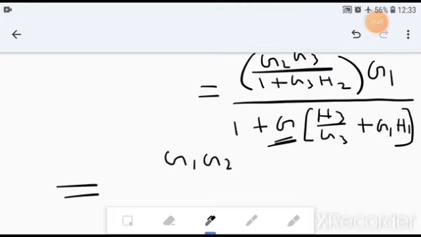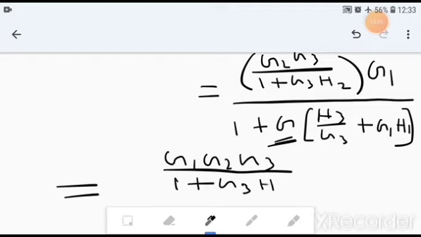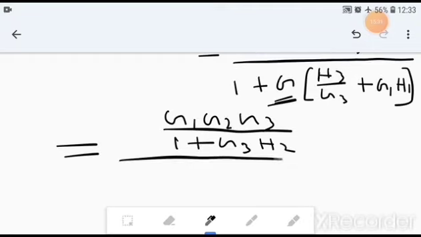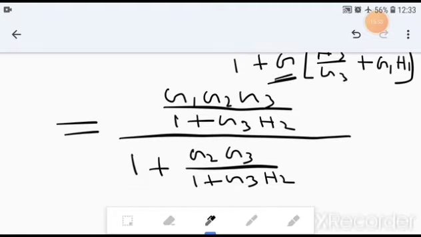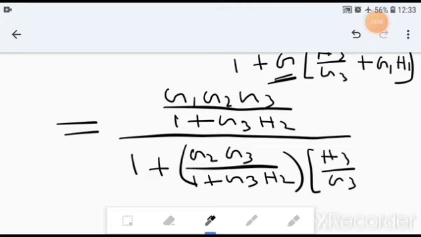So we get G1 G2 G3 whole divided by 1 plus G3 H2 whole divided by, now in place of G we will be writing G2 G3 by 1 plus G3 H2. In place of G we will be writing this into H3 by G3 plus G1 H1 we can write.